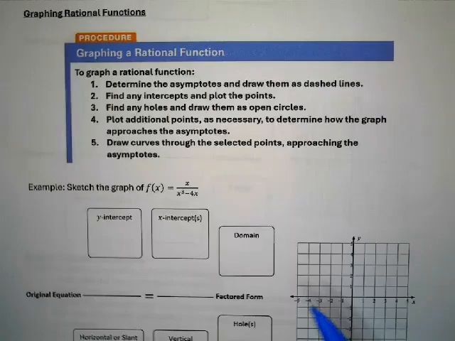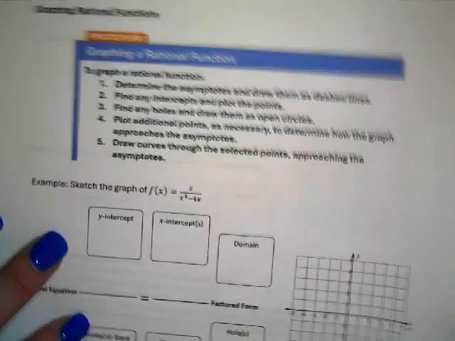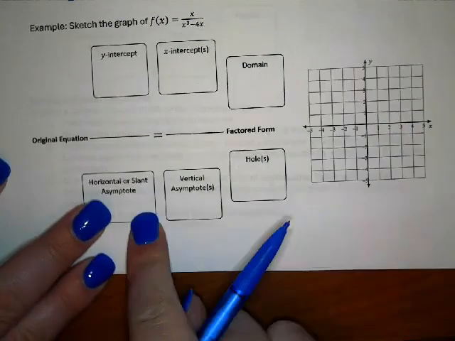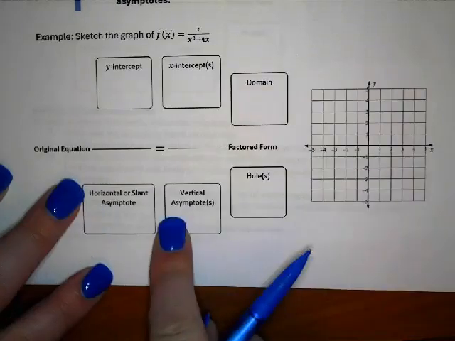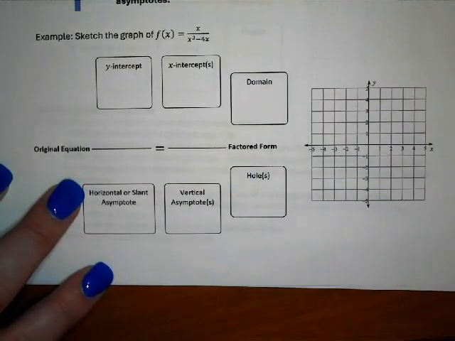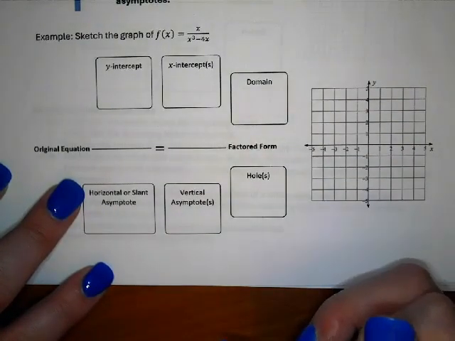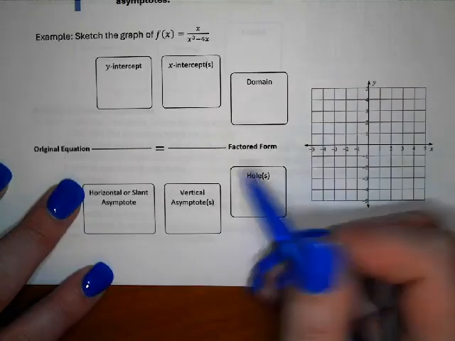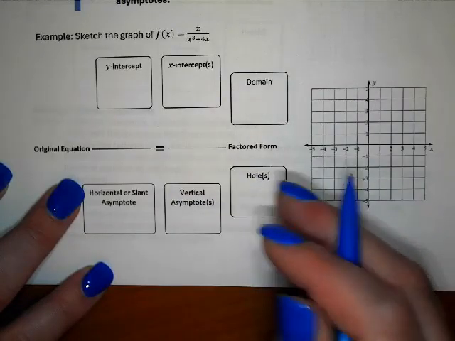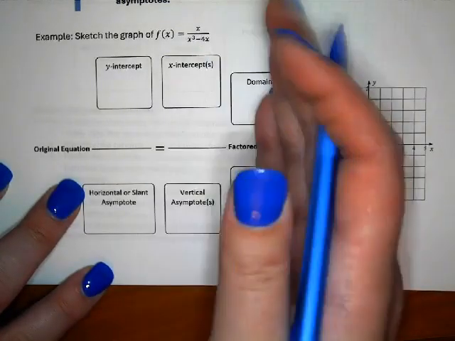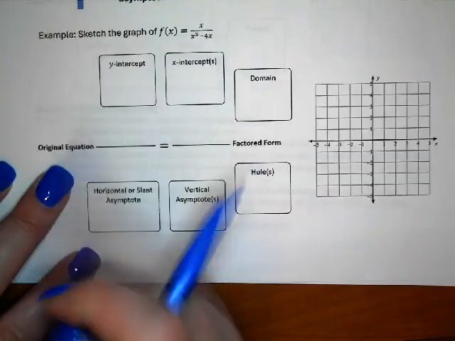Okay, so I made this little graphic organizer for you that can kind of help you trigger your memory a little bit for how to find different things, and if they are helpful to get from the factored form, they're kind of on this side, and then if they're helpful from the original equation, they're written over here.